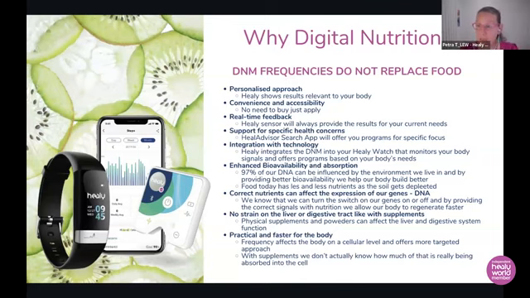And if we can actually be influenced by environment, then the frequency is what influences the DNA, and how it influences it is it actually enhances the bioavailability of whatever you put in your body. So for example, if you take a supplement in vitamin C, it needs to go through a digestive tract.